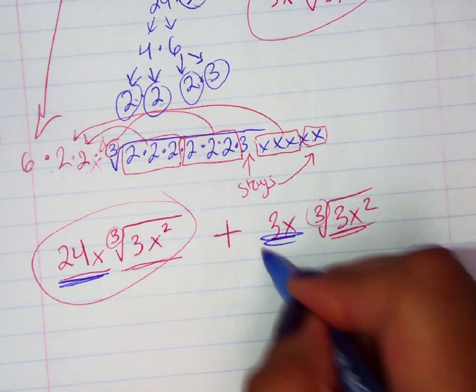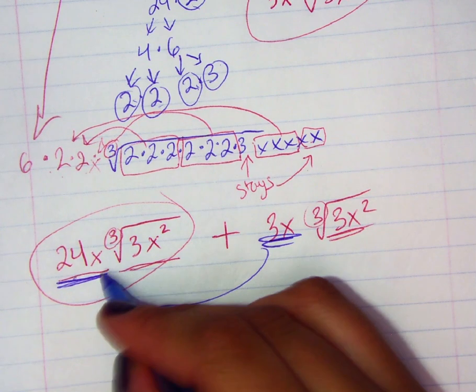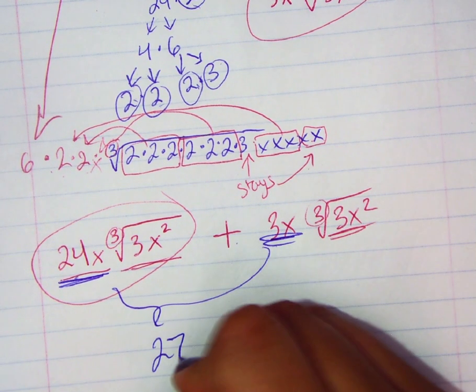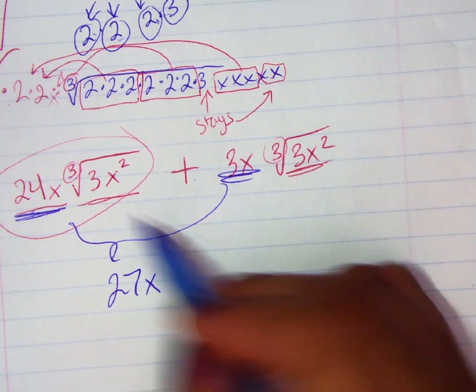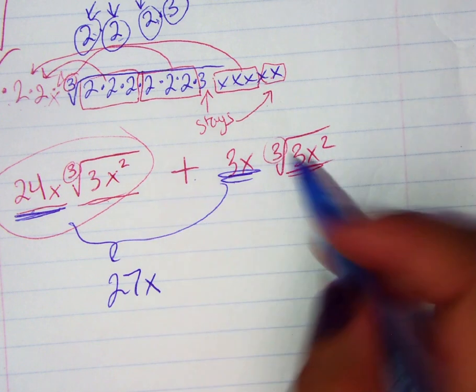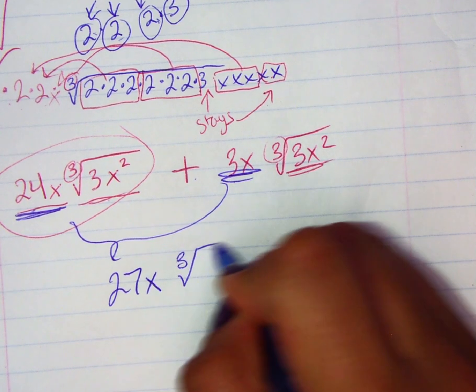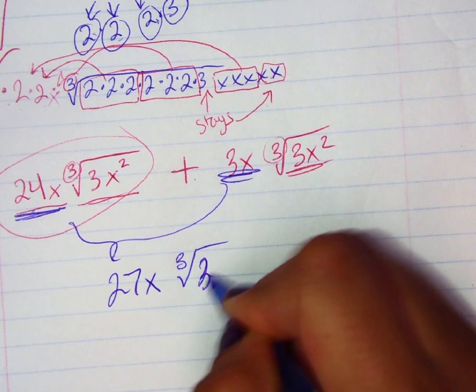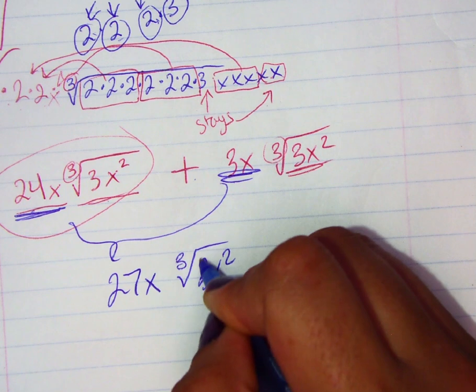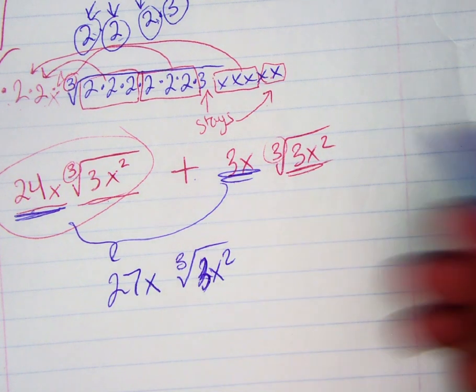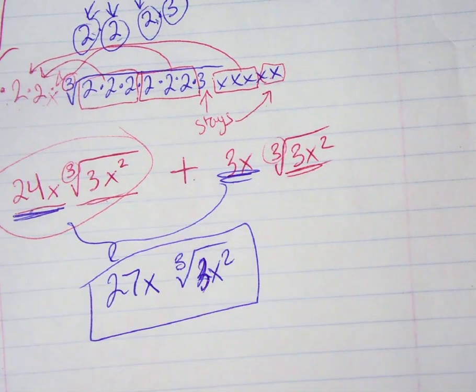When we combine these two, we get 24x plus 3x, which is 27x. And then this part, because they're exactly the same, you're just going to write the expression. Technically, this is the answer.